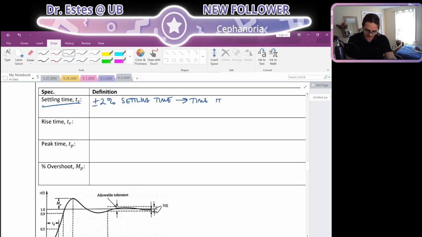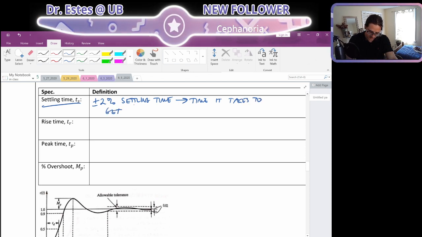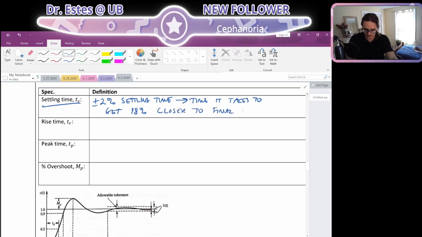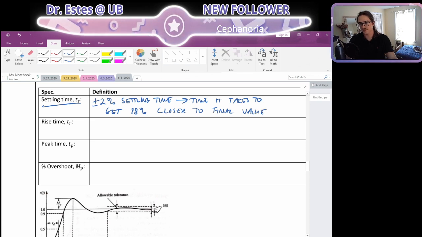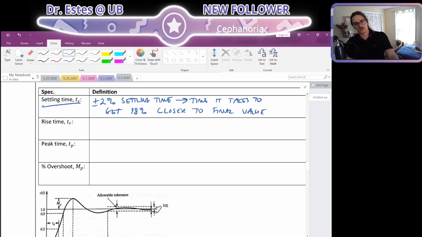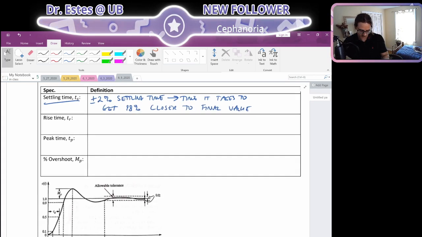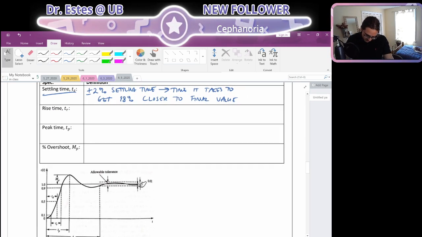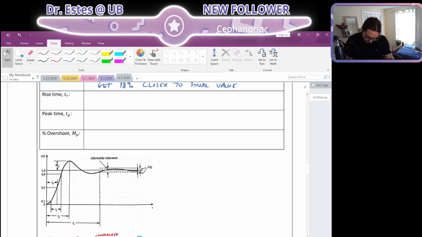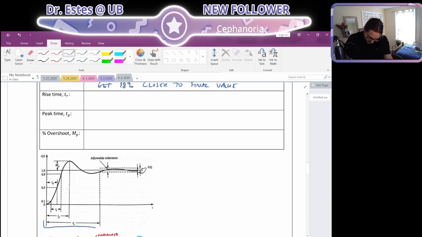So, time it takes to get 98% closer to your final value. So it could be you're ramping up to some value or you're discharging to some value. So here is their settling time.